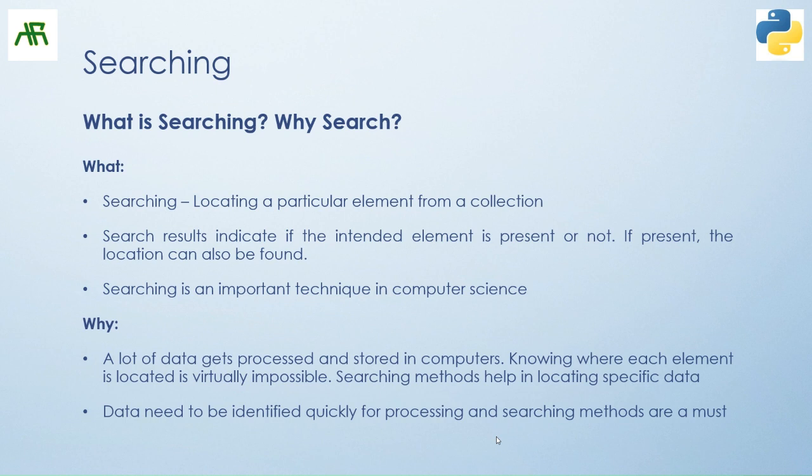Knowing where each element is located is virtually impossible unless we have a supercomputer memory. It's not going to be possible even for computers unless you have an indexing process or a way to refer quickly. Searching is the only way to identify and locate a portion of specific data. And data need to be identified quickly for processing, and searching methods are a must.